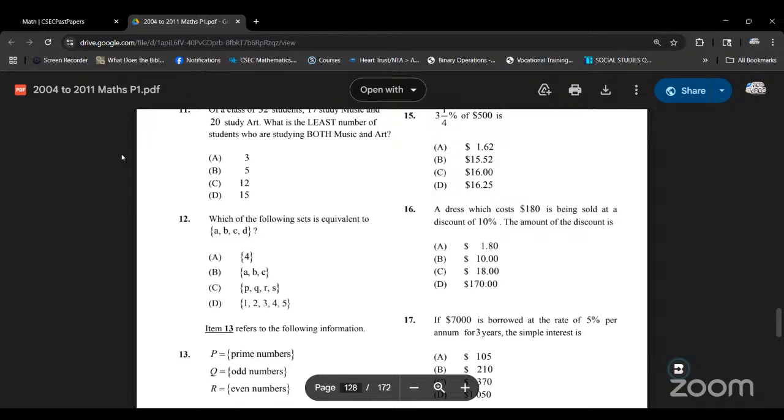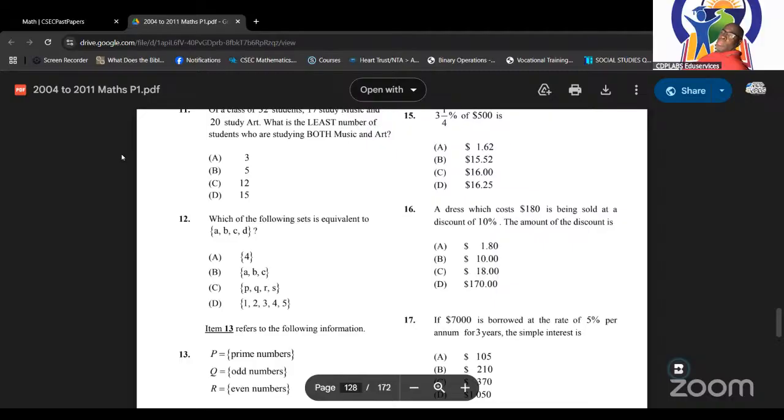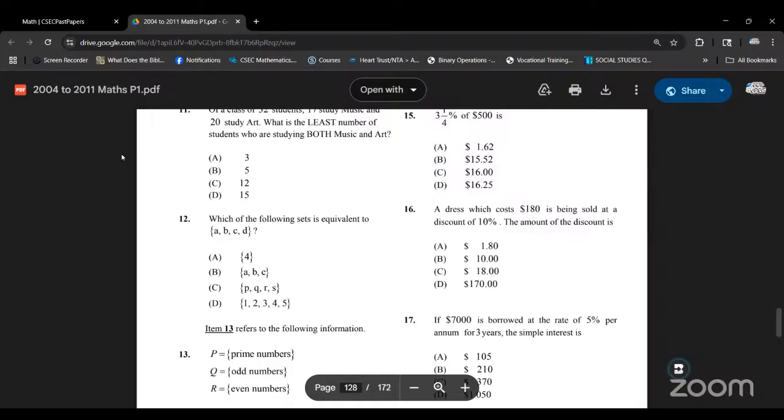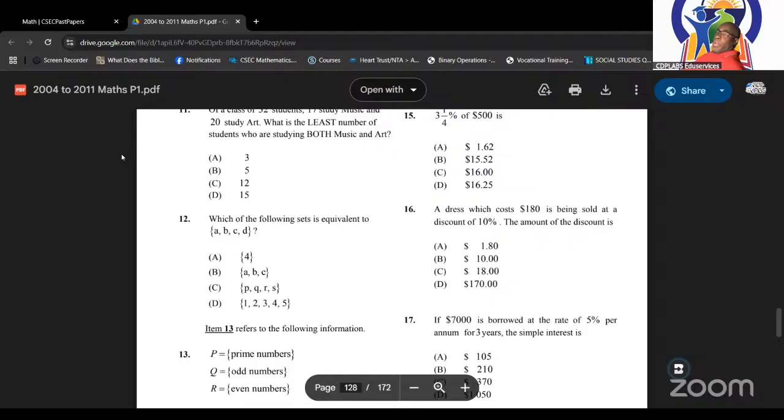Then I sell my shoes for $180. Shoes? Yeah. Okay, $180. Right? Yeah.